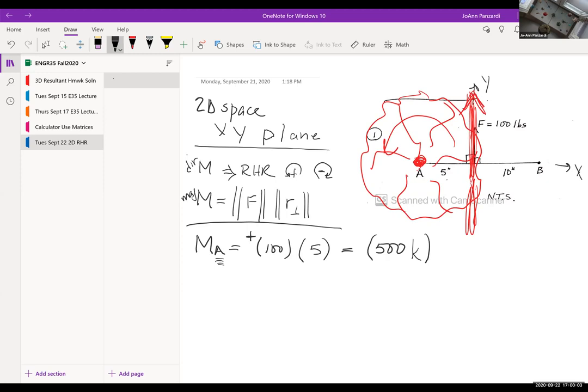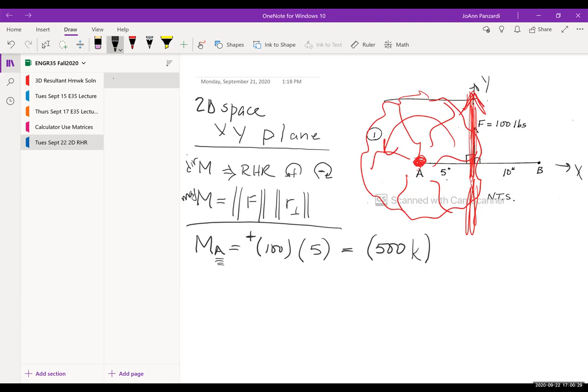So 500, what units is it? Pounds. It's a moment, so it has to have a distance and a force.